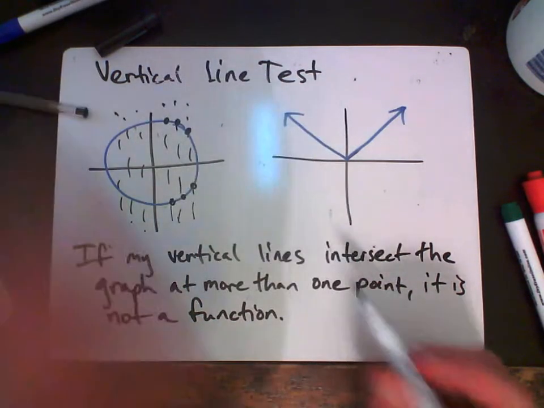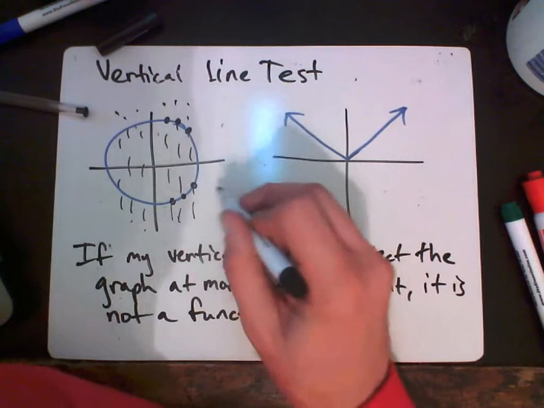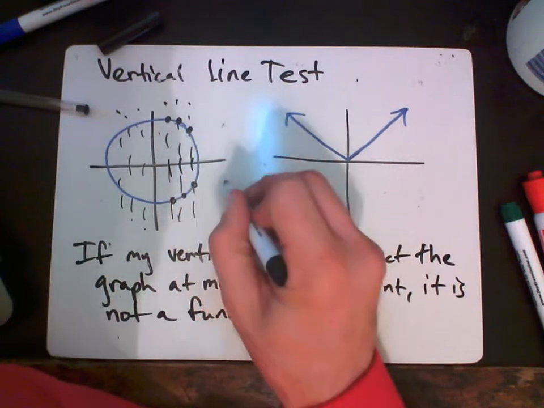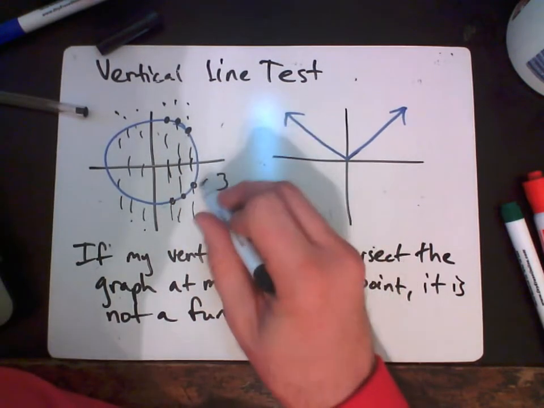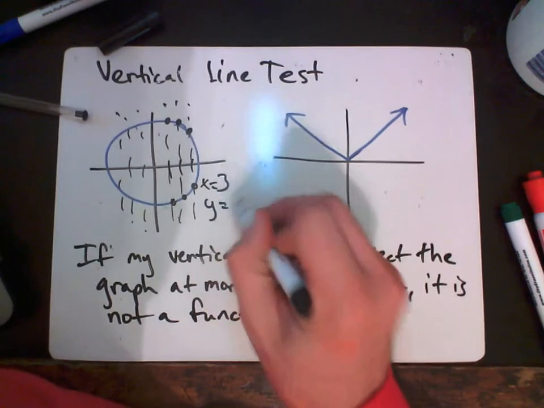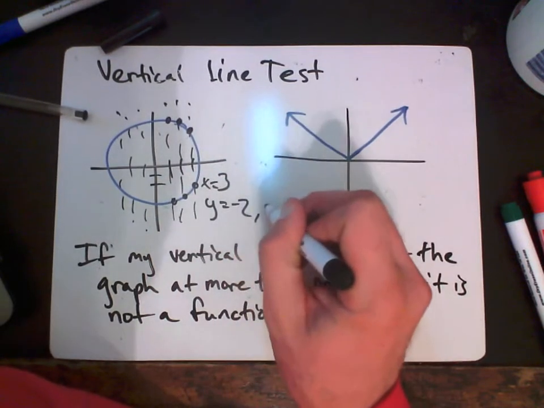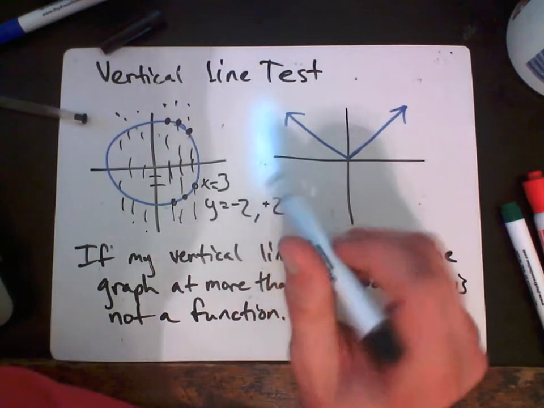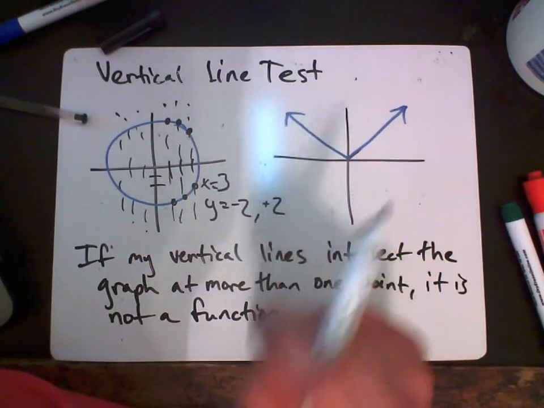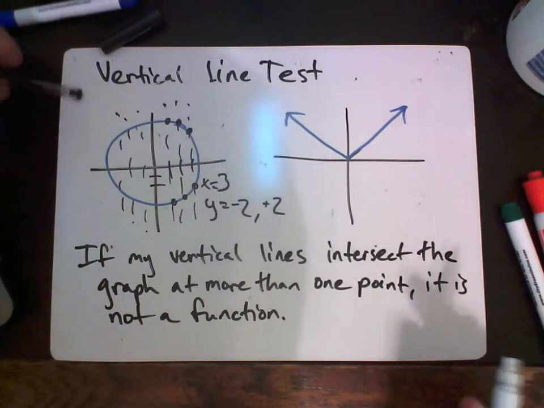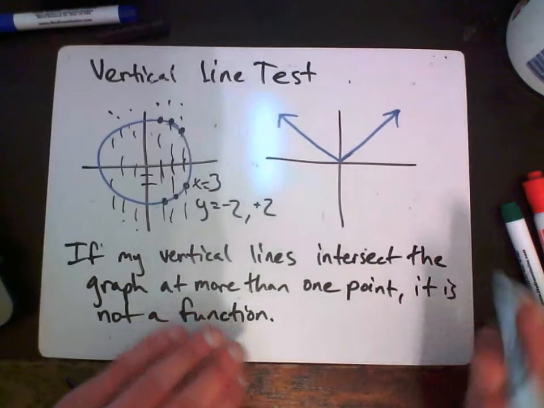And what that says is if x was 3, then y could either be, let's just say, -2 or +2. That goes directly against my definition of a function. Let's do a vertical line test on the other graph, shall we?